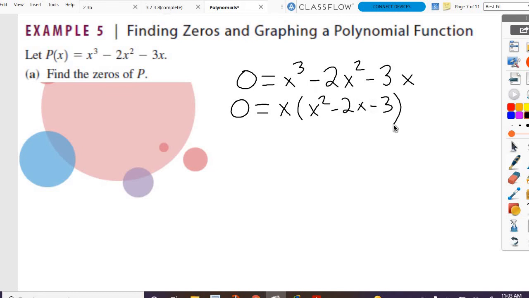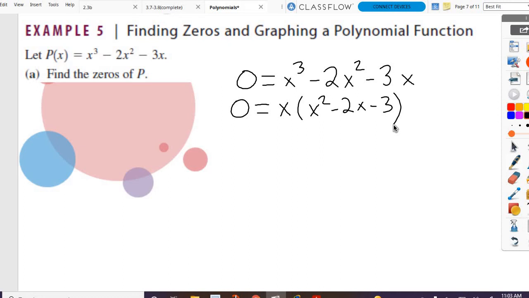So what are we left with on the inside? Specifically, what type of trinomial? What did we talk about on Monday? Quadratics. So it's a quadratic, right? So how do we factor them? Reverse FOIL. Okay. What do I call it?